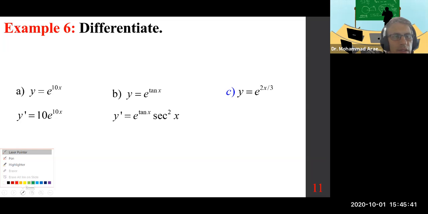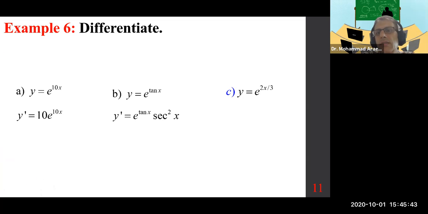The only thing I want to make a point of with respect to part C, in case anybody has a problem seeing this, is that the exponent 2x over 3 means 2/3 x. I just write it this way so you can see, when you want to continue with the job, what you get.